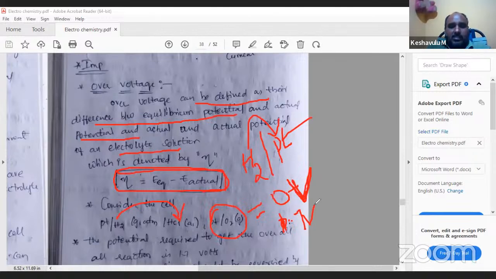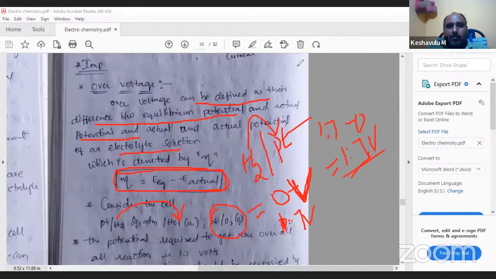Without oxygen, the hydrogen electrode combined with platinum gives a potential of 0 volts. When it combines with oxygen, it gives 1.7 volts. The difference between these two, 1.7 minus 0, is the voltage known as overvoltage, or excess voltage.